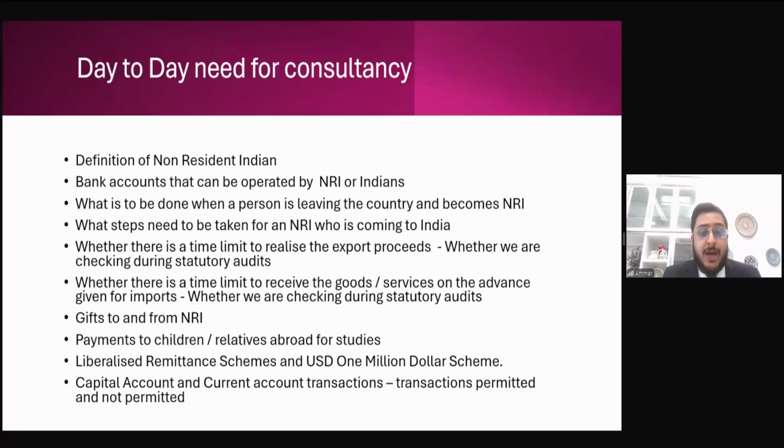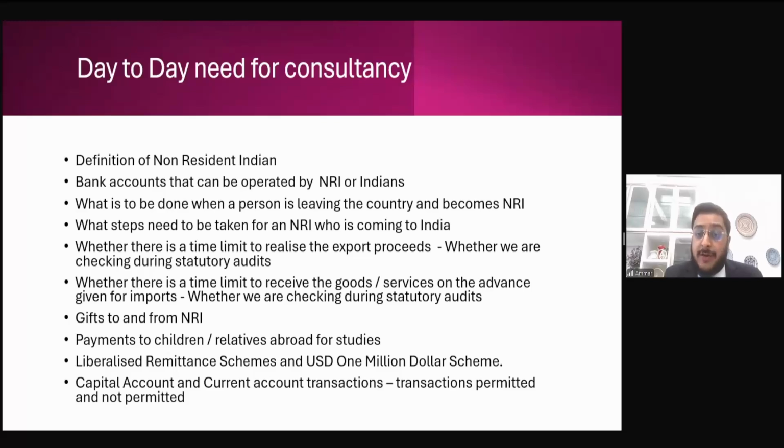Then also, suppose I am a statutory auditor of a corporate or any entity, and this entity has done an export sale. As per FEMA, there is a time limit within which the collection has to be made. According to me, it is 9 months. So the export proceeds have to be collected within 9 months. Otherwise, you need to apply to the AD bank and ask for an extension.